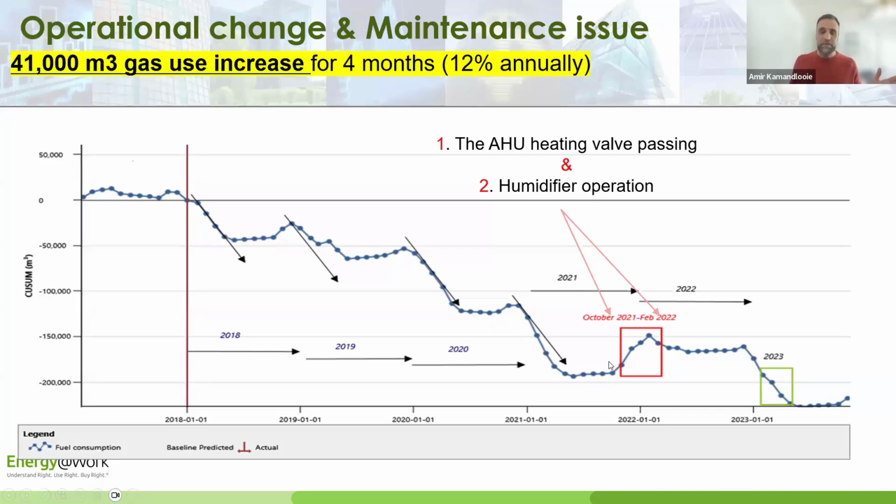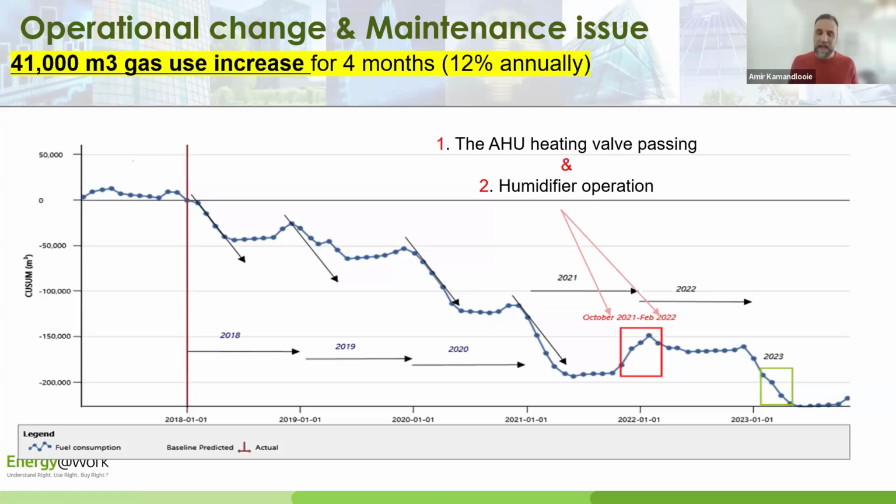That went up to just the winter of 2022, or toward the end of 2021, when we saw that the monthly or seasonal savings we were seeing every year stopped. Instead, we are having an increase in consumption. So you're losing the 50,000 cubic meters of gas you would be saving every year, and replacing it with 40,000 cubic meters of natural gas. Altogether, about 90,000 cubic meters of natural gas is extra consumption that you have to pay for.